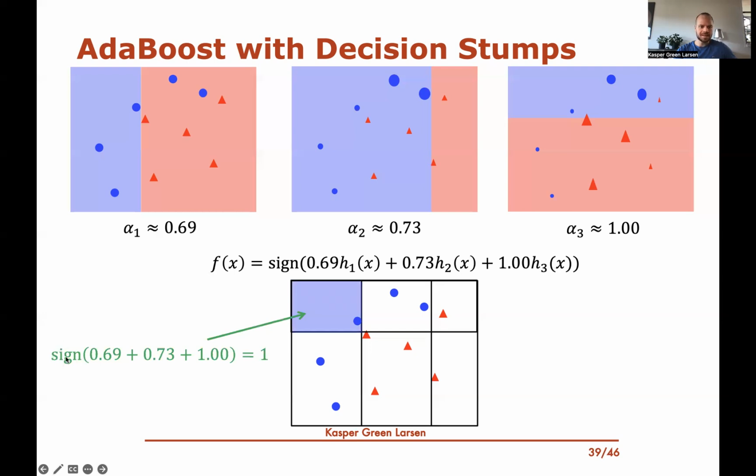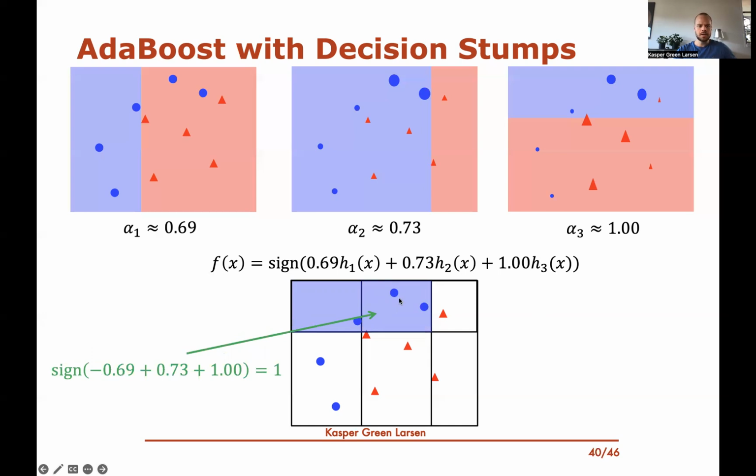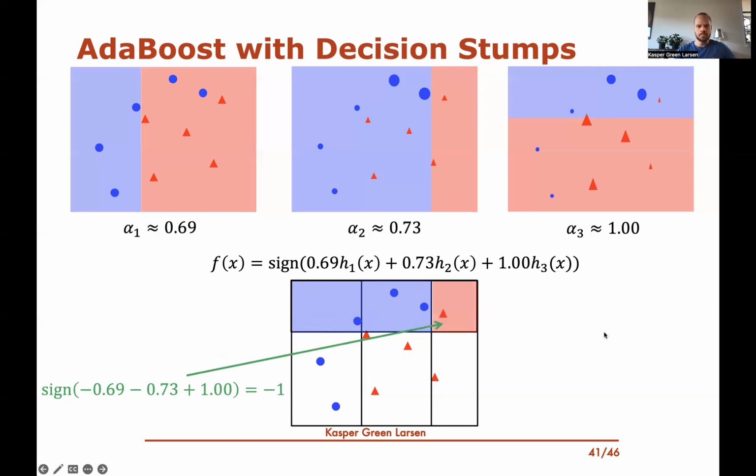And so we're going to return the sign of the sum. And this is, of course, positive, so we get a 1. Over here in the next one, we'll see that the first hypothesis predicts -1. So we get a -0.69. The second one predicts positive, so that gives us +0.73. And the last one also predicts positive, that gives us +1. So this is still positive, and we're going to predict 1 in this region.